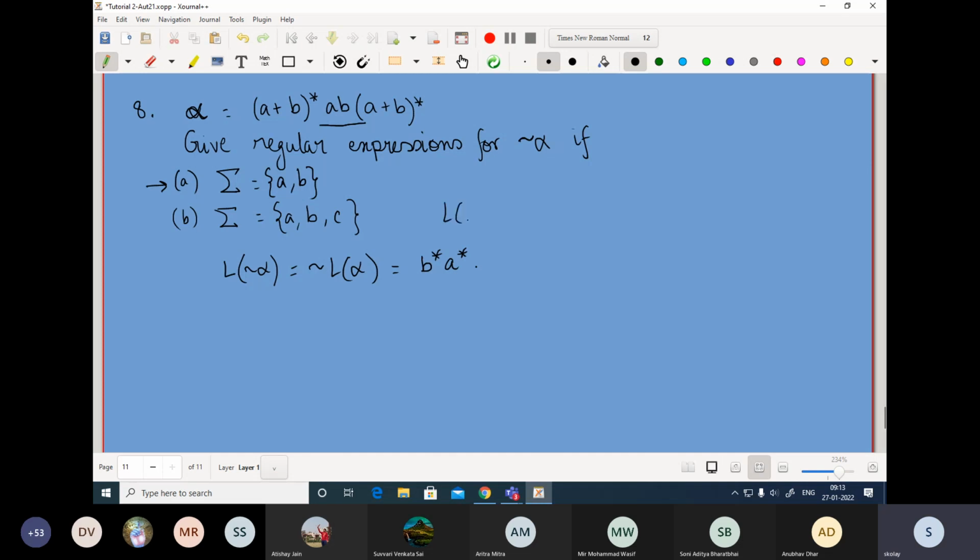So the complement is L of a star, L of b star, plus the language of x in {a,b} star such that all b's appear before a's.